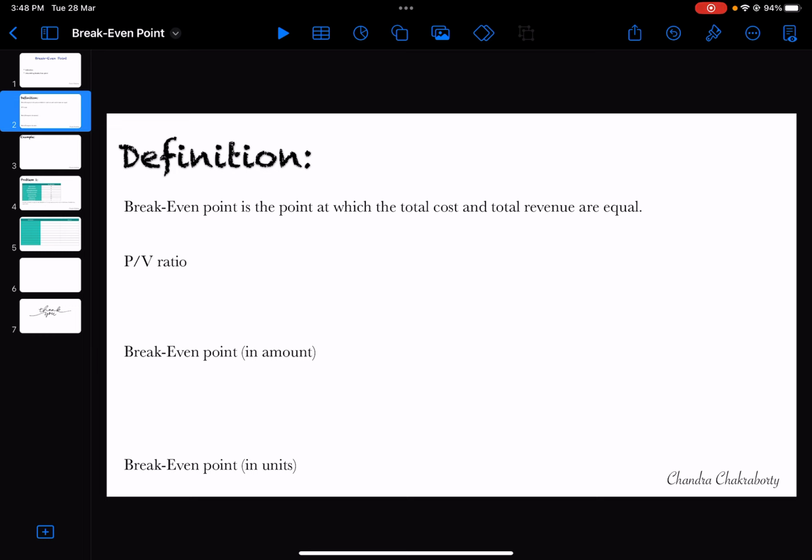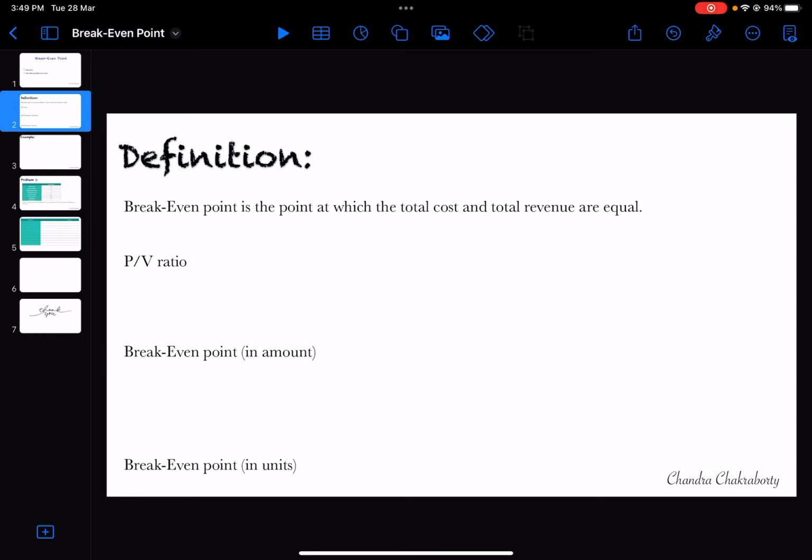That will be the minimum amount that you need to sell so that if you are not able to gain profits, at least you won't have to face any loss as well. So it will be an equilibrium condition for you where there will be no loss, no gain. Your total cost will be equal to the total revenue.